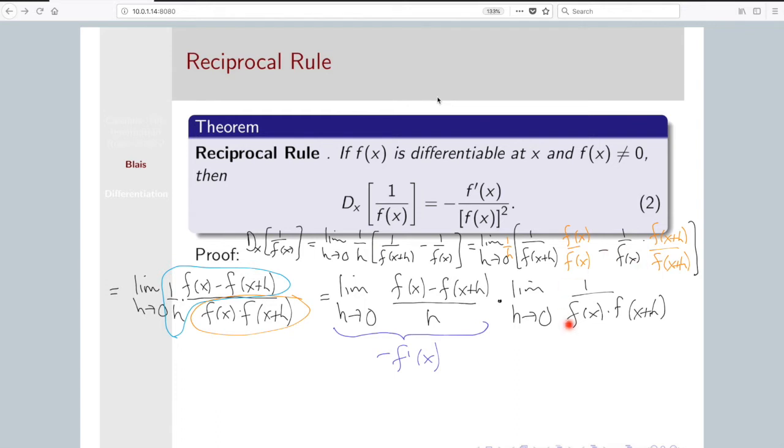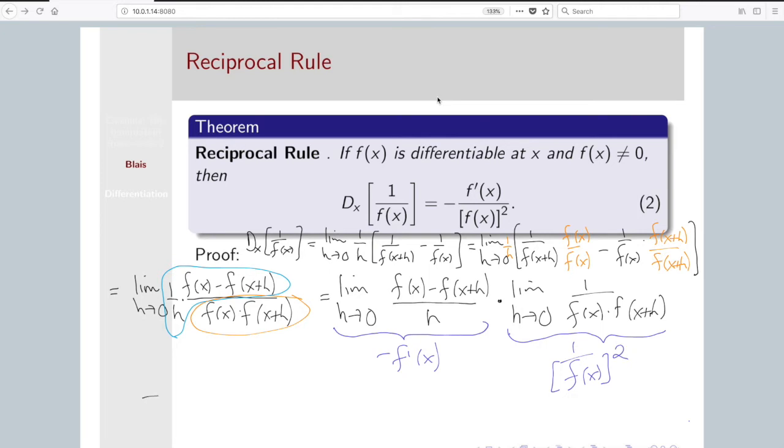As for this term here, since f is differentiable, and actually this is a theorem that we haven't proved yet, but we will in a few minutes, because f is differentiable, it's also continuous, which means we can directly evaluate this. We can use our quotient law and our product law for calculation of limits, and then we can actually bring the limit inside of here, which results in this limit being 1 over f of x squared.